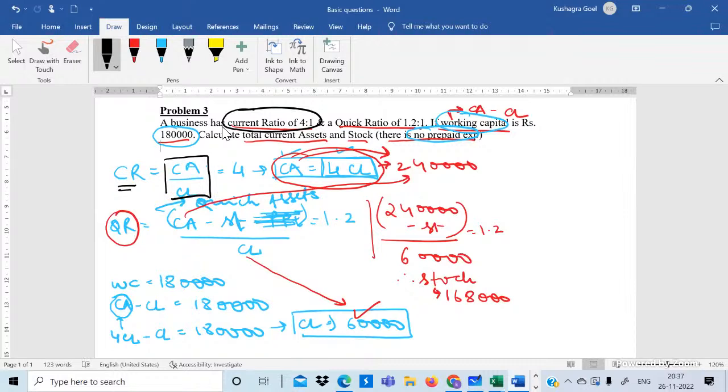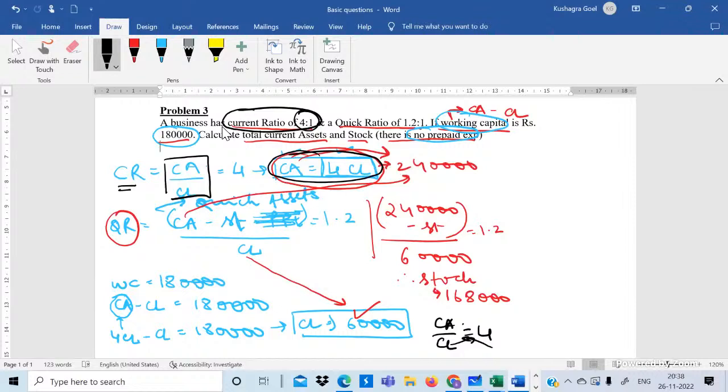Any questions still here? The question says it is 4, which means I can easily say that current asset upon current liability is equal to 4. And if I cross multiply, I'll get current asset is 4 times current liability. So my current assets are 4 times my current liability.